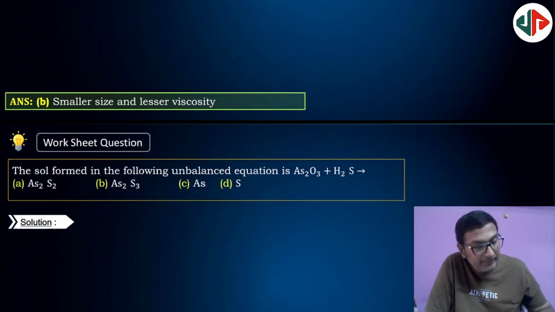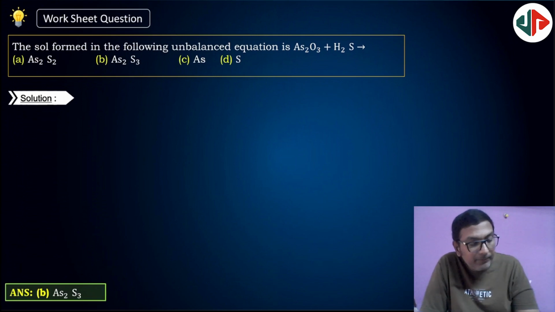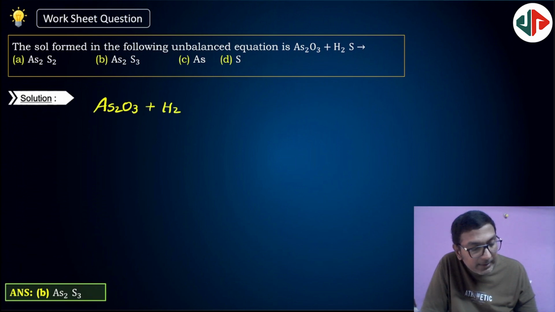Next. The sol formed when As2O3 reacts with H2S. This is the best example for double displacement or double decomposition.